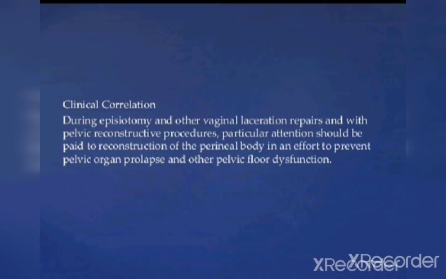There should be proper healing and proper suturing of this body, along with the other vaginal laceration repairs and pelvic reconstructive procedures. Particular attention should be paid to the reconstruction of the perineal body in an effort to prevent pelvic organ prolapse, because if some weakness remains, pelvic organ prolapse may occur, as well as other pelvic floor dysfunctions.